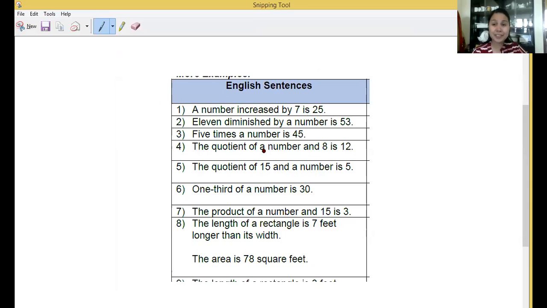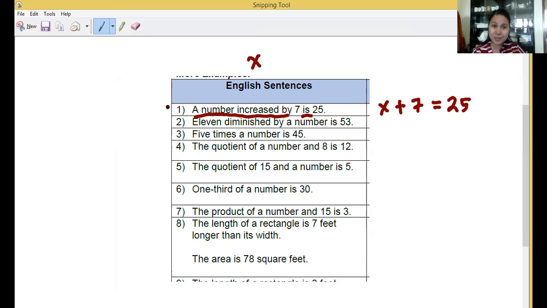Let's just think that the number is X. A number increased by. If you say increased, it means plus. So a number, we don't know, we just write it X, increased by 7 is, it's equals 25.